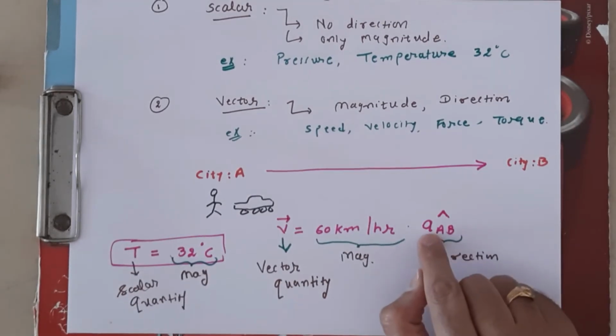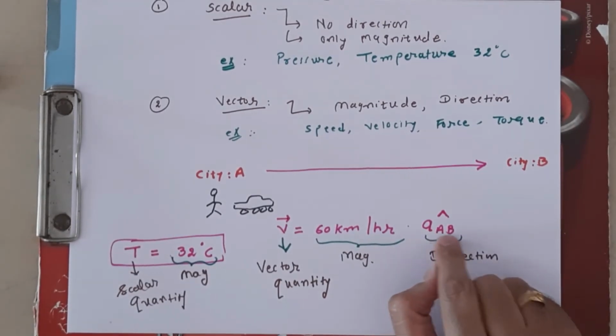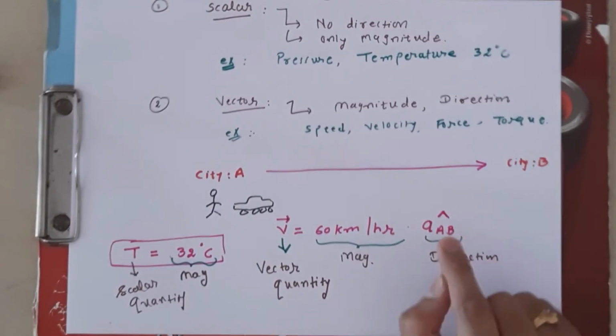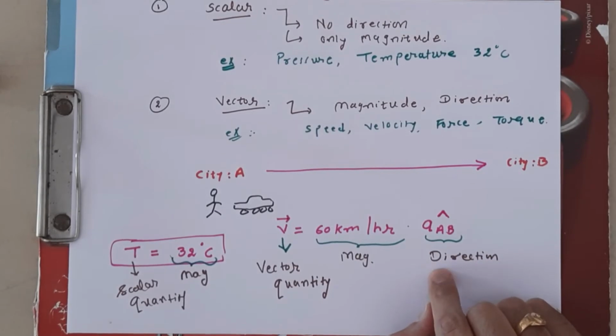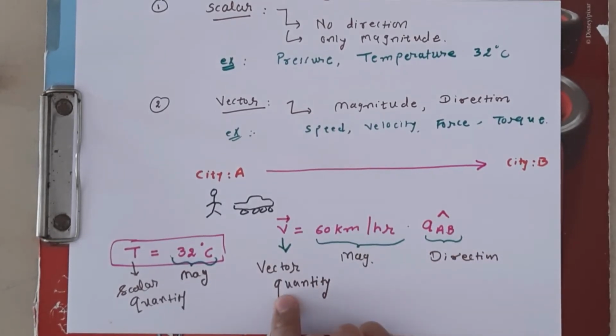Okay, so what does a small a subscript AB indicate? It is a unit vector. What is the purpose of the unit vector? The unit vector just gives the direction of any vector quantity, nothing else.